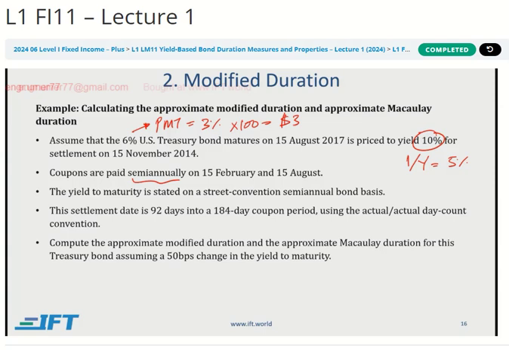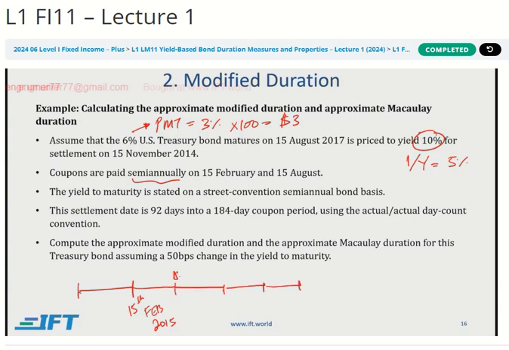Number 2, N is going to be how much? You've got the current date as 15th November 2014. So how many days is that till the next coupon payment, which is 15th Feb, 2015, and this is going to go on till August, and then Feb, and then August, and then Feb.